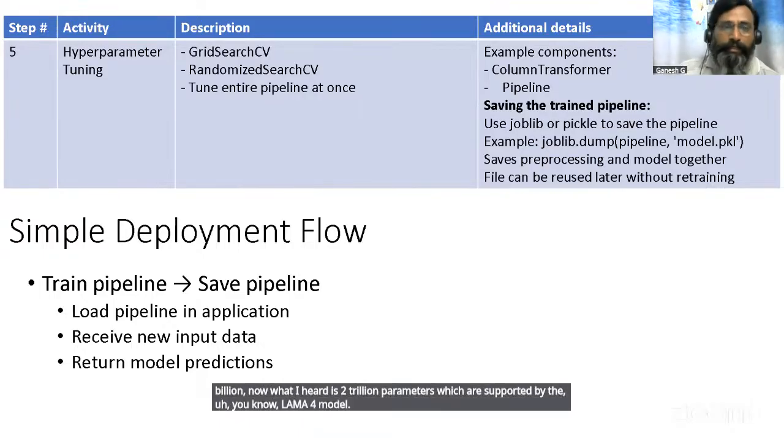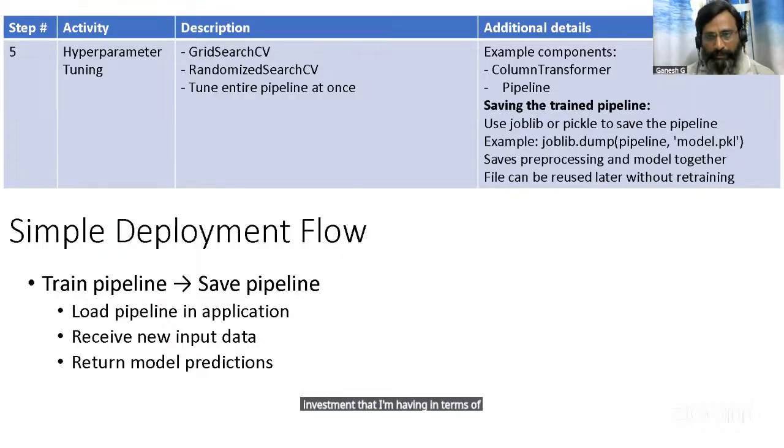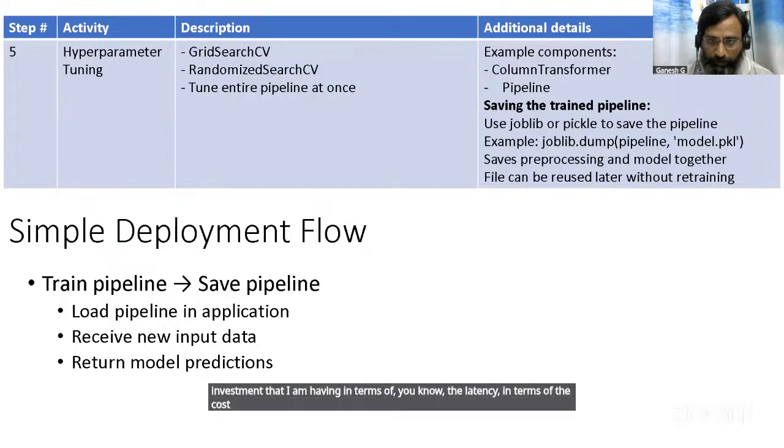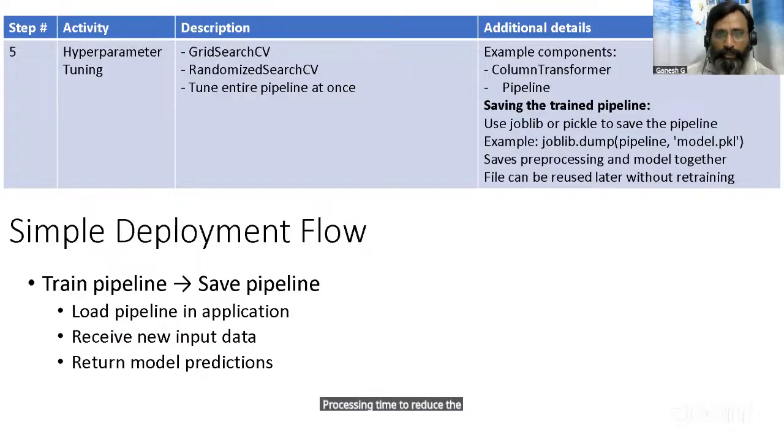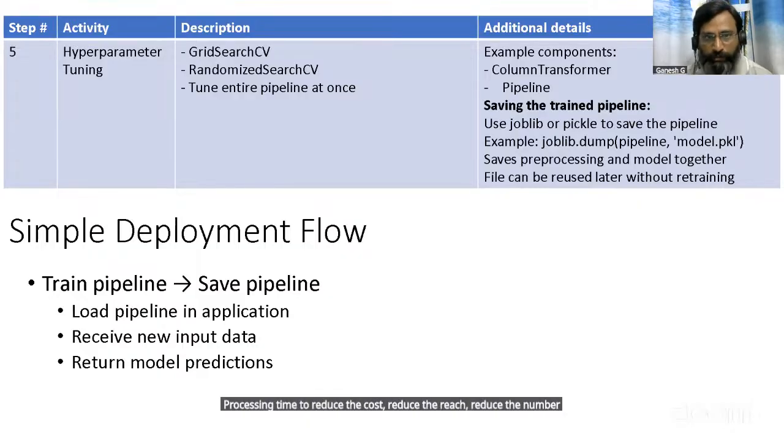So there are different models created with different purposes, right? But then you need to understand the amount of investment in terms of latency, in terms of the cost associated with it, in terms of the problem statement that we are trying to solve. So all those parameters come in, and you start optimizing and fine tuning it, to reduce the hassle, the processing time, the cost, the reach, and the type of data that is being supported as well.